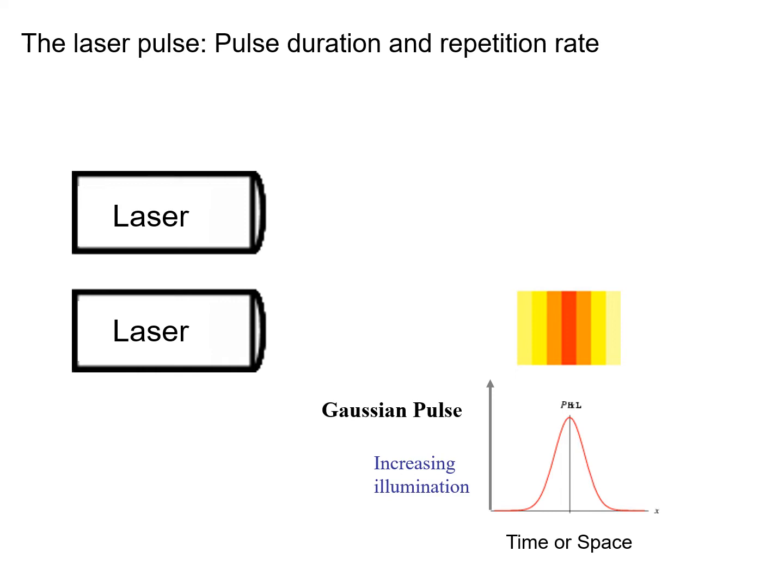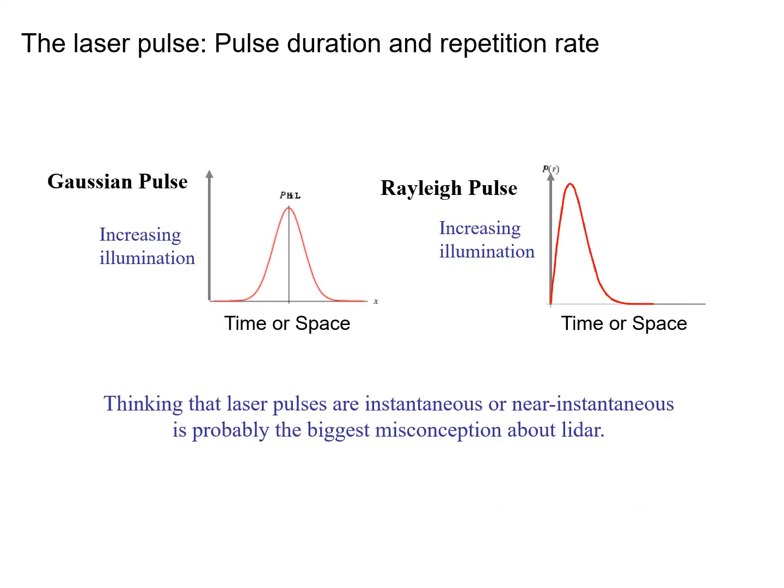So you can think of the x-axis on this graph as being time or space, and you have increasing and then decreasing illumination. In the laser world, they strive for something that approximates a Gaussian pulse, just because it simplifies the math. However, we very often get a Rayleigh pulse, same Rayleigh who discovered Rayleigh scattering.